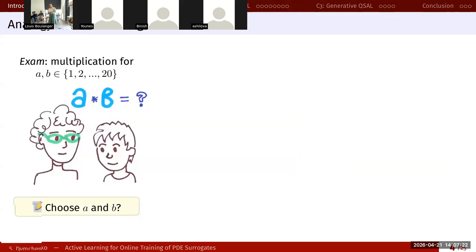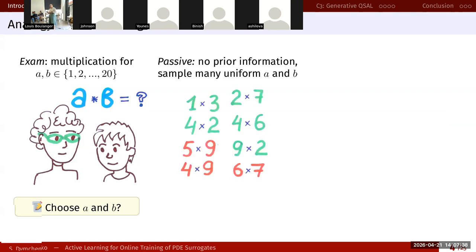Let me give you a simple analogy. Imagine I'm a math teacher and I have a student whom I need to prepare for an exam on multiplication. So I need to prepare the practice exercises by choosing parameters A and B. As I have no prior information about the student's knowledge and failures, I can just sample a lot of A and B uniformly, and give these practice exercises to the student to practice until the exam.